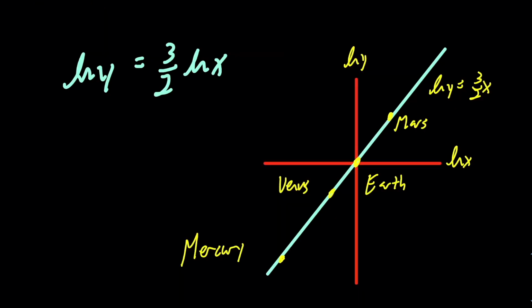Okay, so this is your graph with the relationship between the natural log of x and natural log of y, and you'll see that it's a perfectly linear graph. Now our equation is natural log y is equal to 3/2 natural log of x, and it follows that y happens to be 3/2 x.